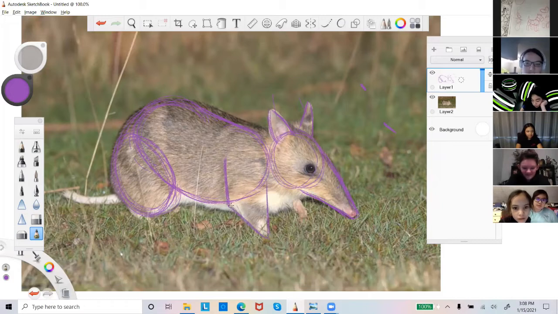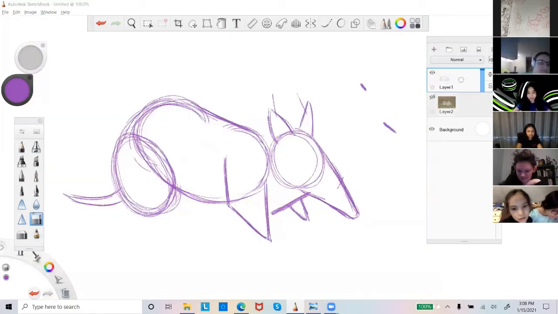And then I'm just going to draw a triangle for that front leg. Here's the neck. Triangle for the other one over there. Oh, forgot the tail. All right. Sorry, I made a bunch of extra marks. There we go.